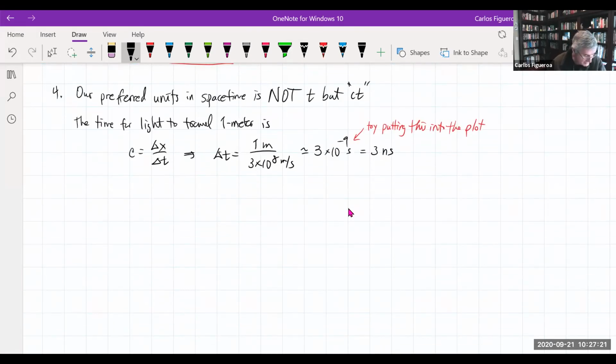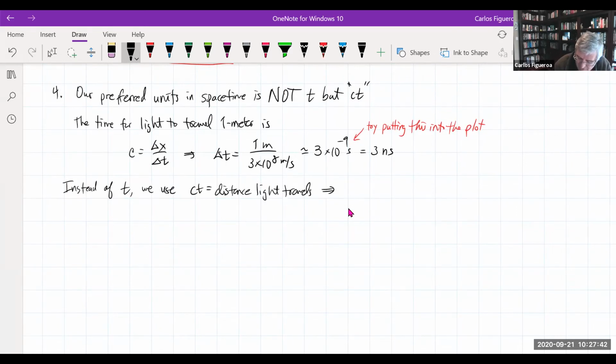So instead of T, we use CT, which is the distance light travels.